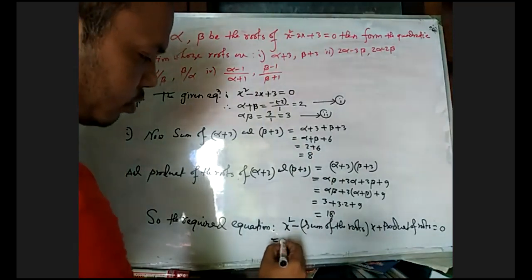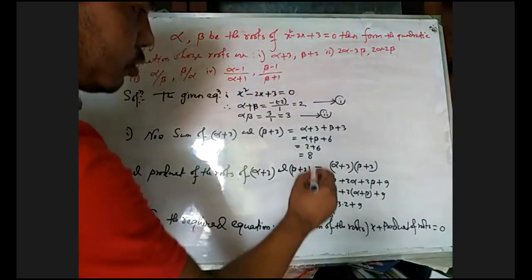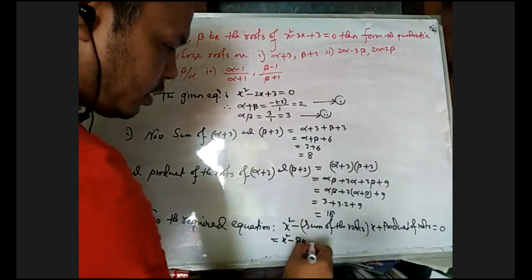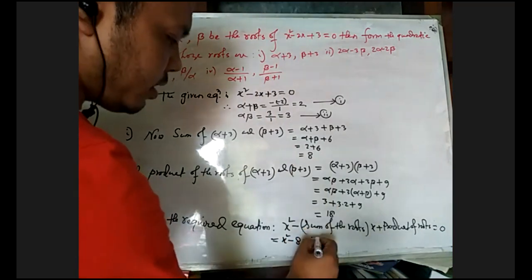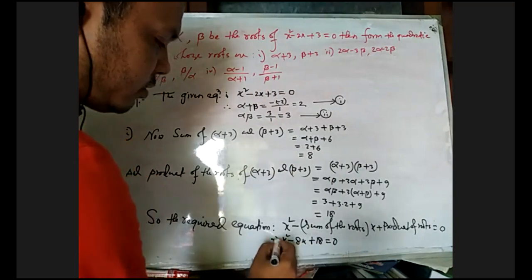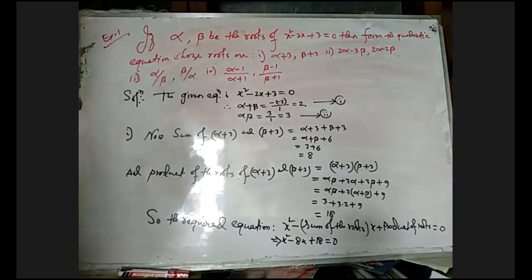Just putting the values: x square minus sum of the roots 8 into x plus product of the roots 18 equals 0. This is the required equation.